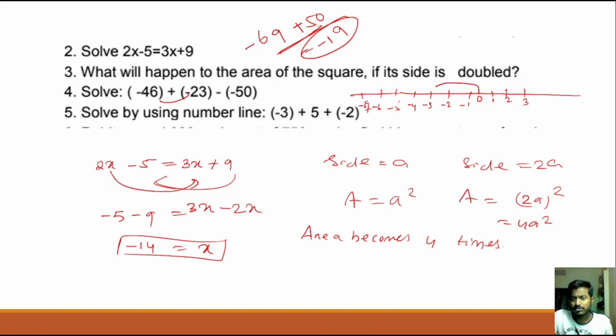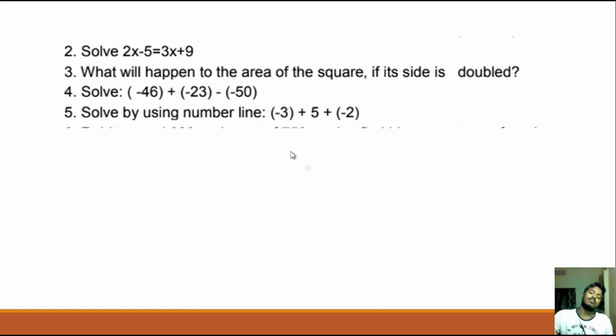Now 5 plus 5: 1, 2, 3, 4, 5. Again minus 2 to the left: 1, 2. Answer is 0. Okay.